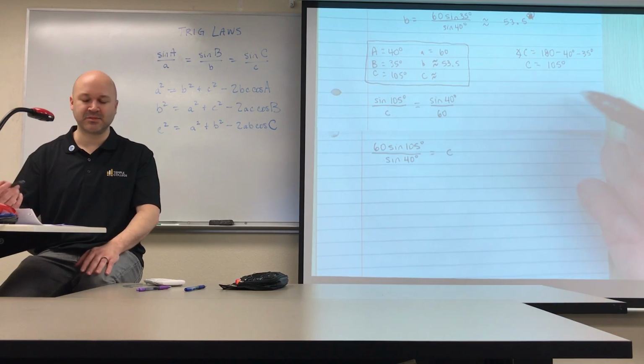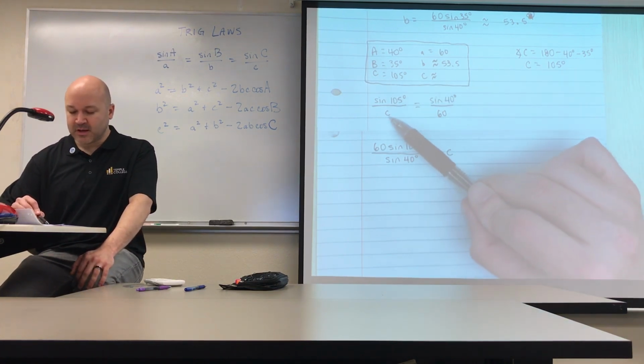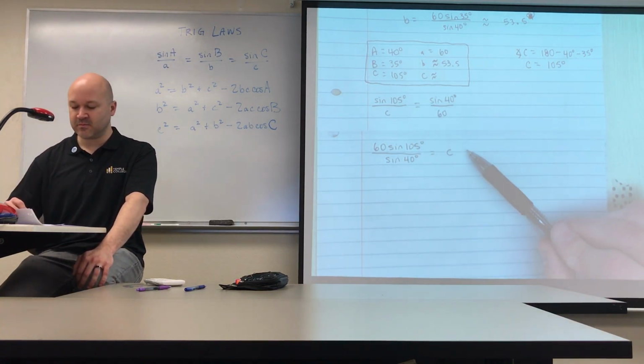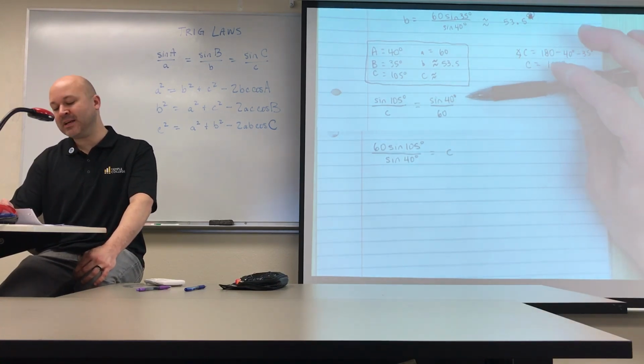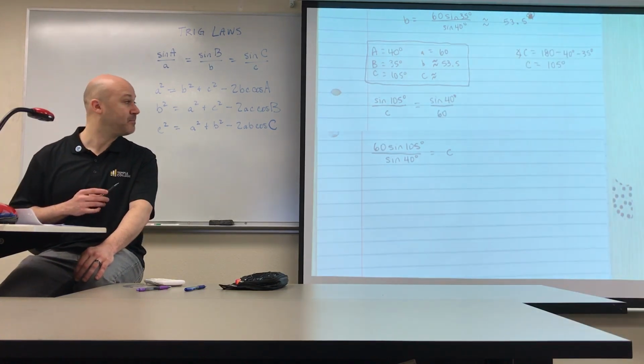I did multiple steps there: I multiplied both sides by C, so it's on the other side of the equation. And then C was being multiplied by sine 40, so I divided by it. And C was being divided by 60, so I multiplied by it.